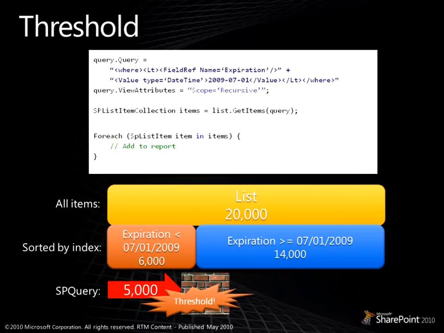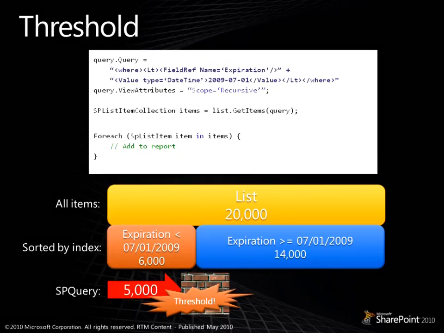This is the classical way of accessing the list information. We are querying the items from a list based on some query parameters. In this case, we want to fetch all items with the expiration before June the 1st. In code, we execute the query and would get an SPListItemCollection, and iterate through them using a for each loop.